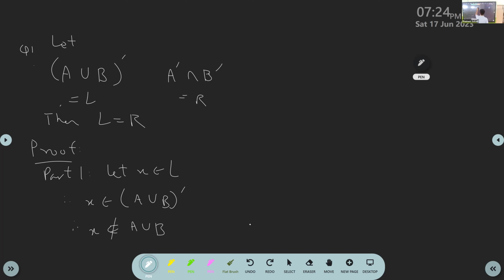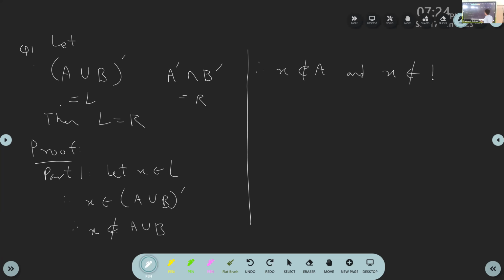So therefore, we can say X does not belong to A. So if X does not belong to A, which means that it belongs to A complement. Therefore, it has to belong to the intersection.